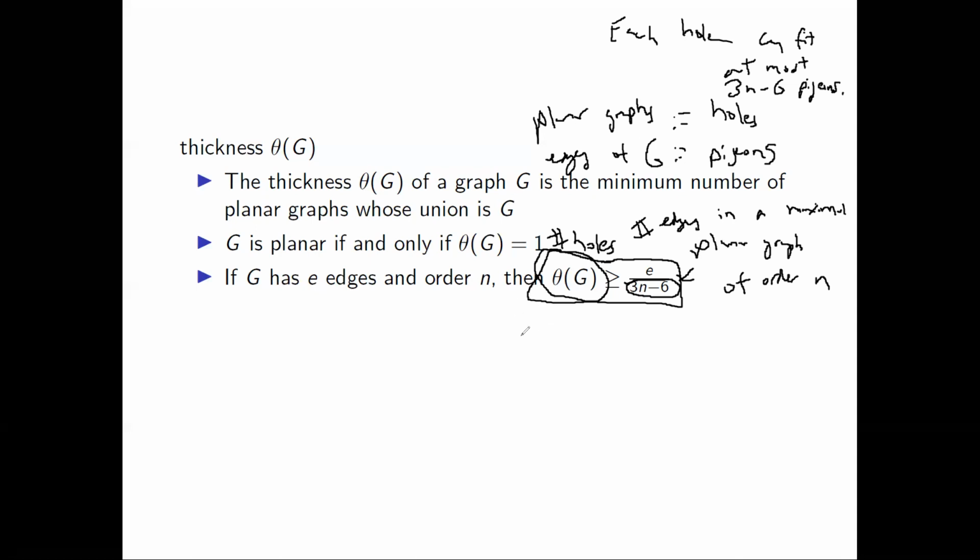And another way to say that is number of pigeons. So this is totally equivalent. Number of pigeons is less than or equal to the number of holes times max number of pigeons in any hole.